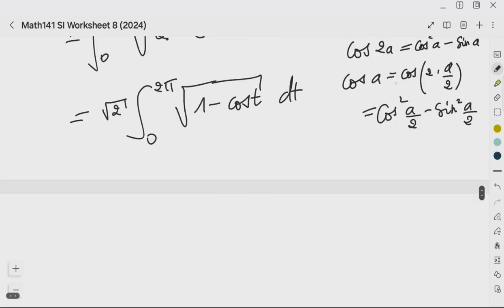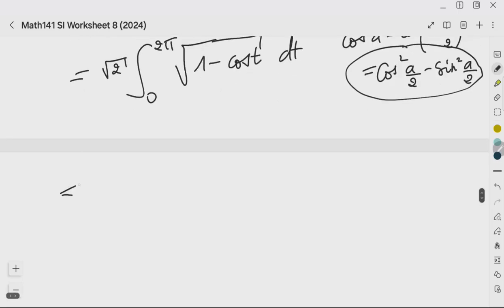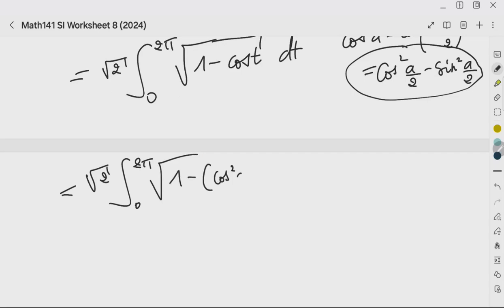If we use this identity and substitute it into the square root, we have the square root of 2 multiplied by the integral from 0 to 2 pi of the square root of 1 minus cos squared of a over 2 minus sine squared of a over 2.